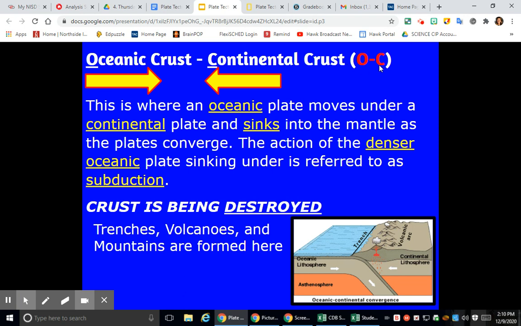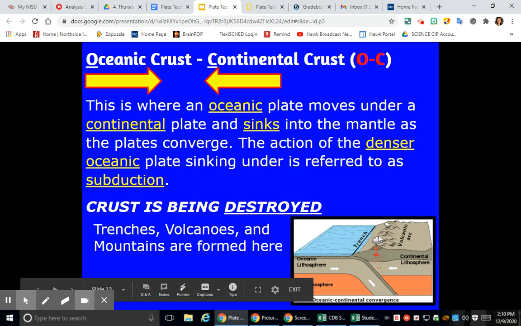If we have oceanic crust and continental crust converging, this is where an oceanic plate moves under a continental plate and sinks into the mantle as the plates converge. The action of the denser oceanic plate sinking under is referred to as subduction. Crust is being destroyed.